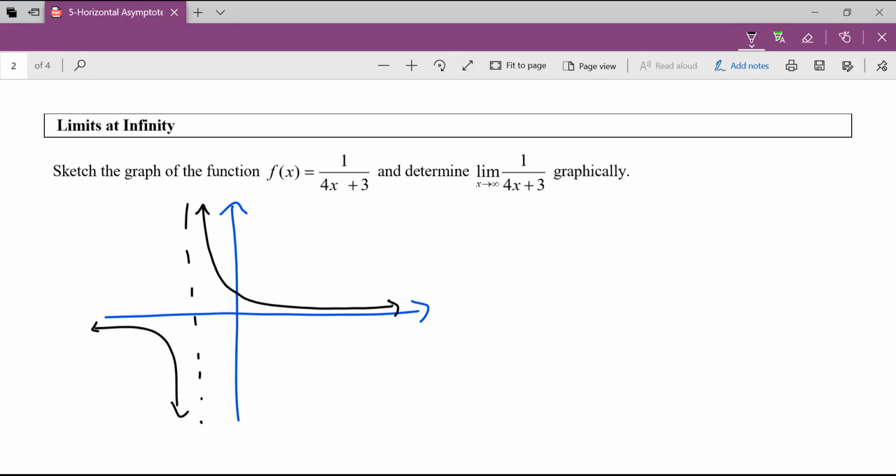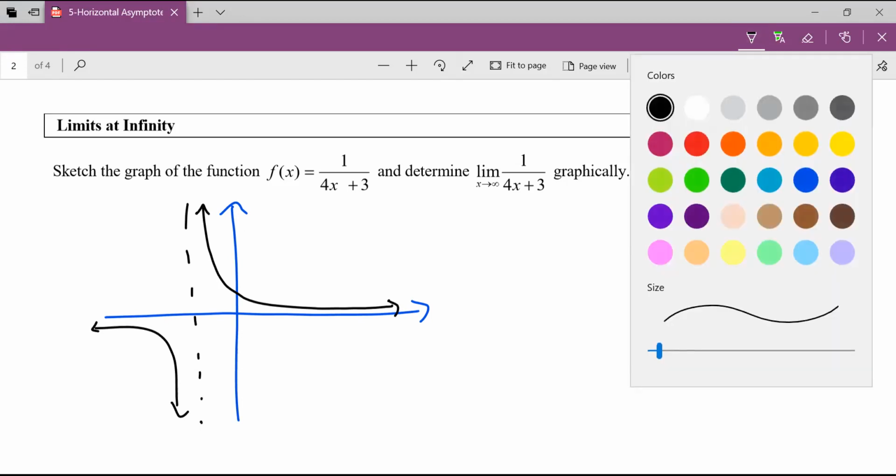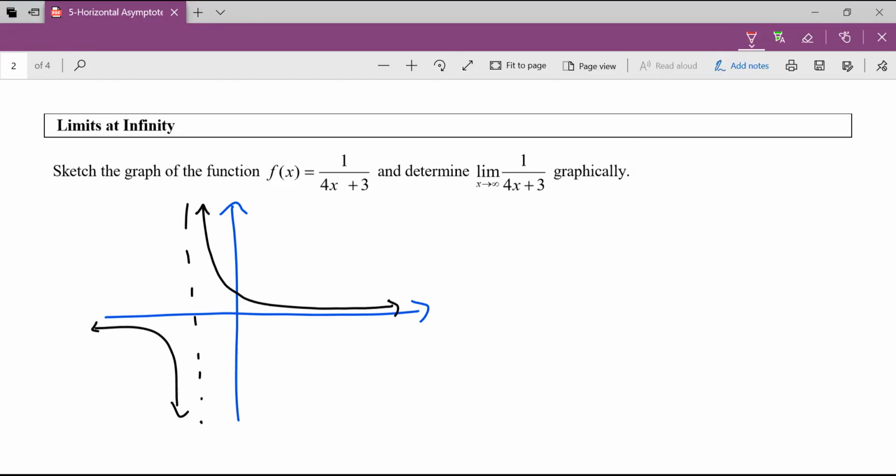And this says determine the limit as X goes to infinity of this. Okay, well, just visually looking at that, as X goes to infinity, so as X gets really, really big, the Y values are going towards 0.